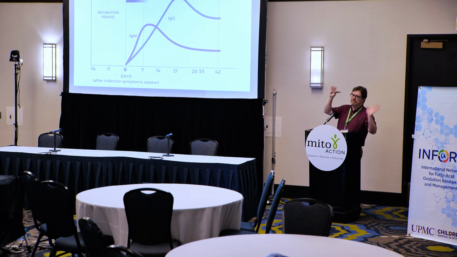And IgG lasts decades, depending on what the virus is or depending on what the vaccine is. Just to give you an example, measles, right? Almost everyone in the room, I imagine, is vaccinated for measles. Does anybody have any idea what the half-life, meaning the amount of time it takes half of your measles antibodies to go away, how long that is?